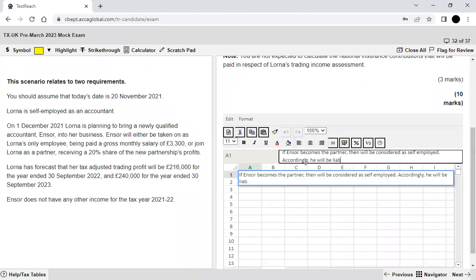Accordingly, he will be liable for income tax on his trading income and class 2 and class 4 NIC.